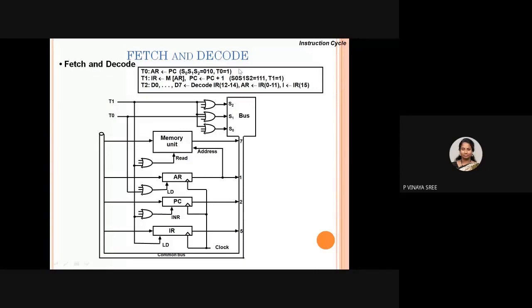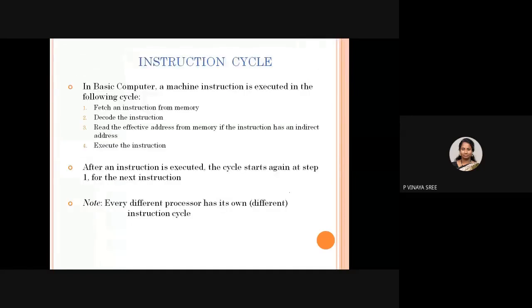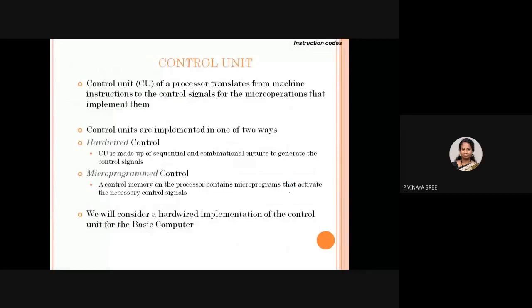Just now we discussed that at T0, the program counter contents will be placed in the address register. We already discussed a common bus structure where registers communicate with each other.